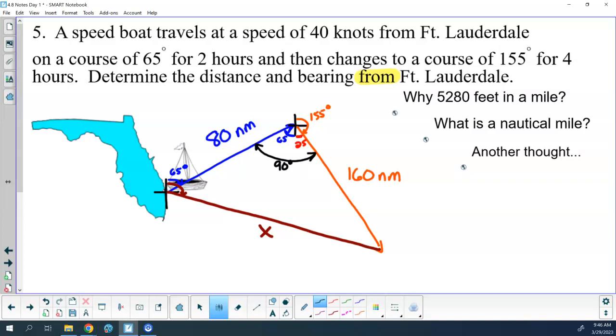Okay? So now that we know it's a right triangle, what do we have at our disposal? We have tangent. We also have SOHCAHTOA. We also have the Pythagorean theorem. So we can find x by just doing the Pythagorean theorem.